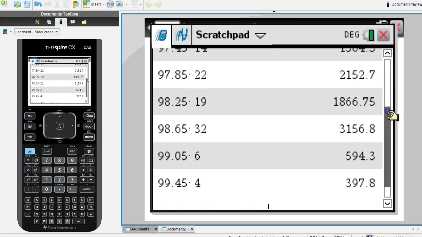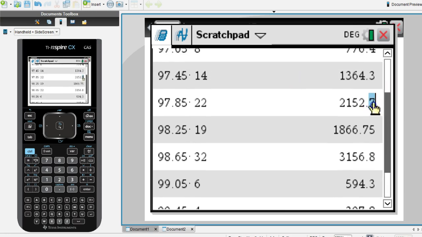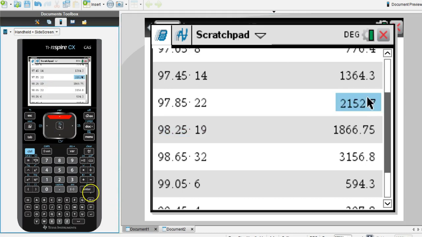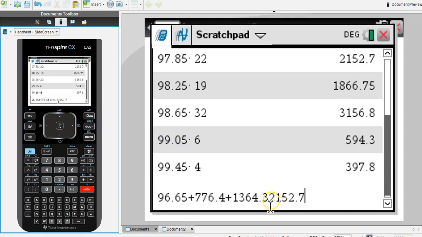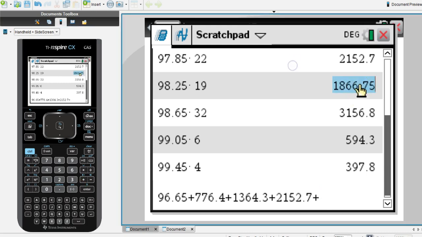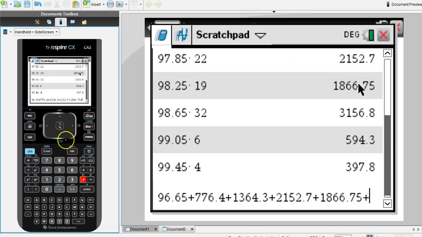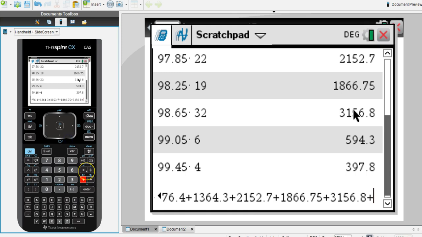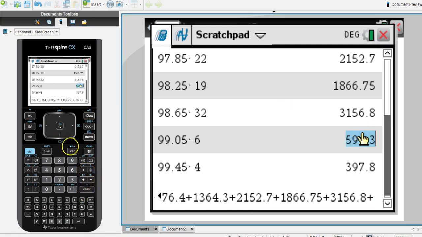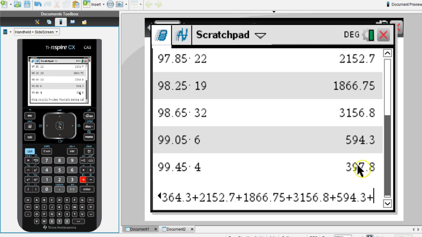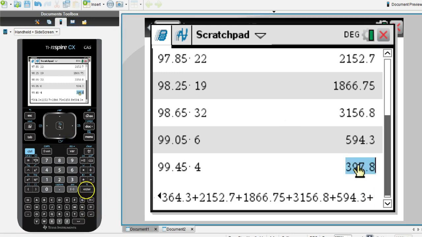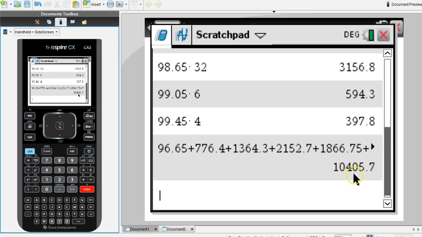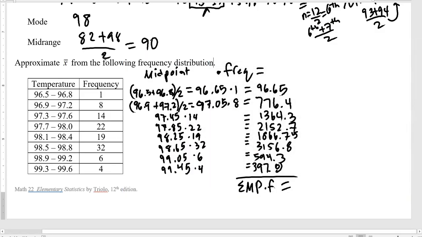The next number was the 2152, plus the 1866, and so on. I hope this is right. How about 10405.7?